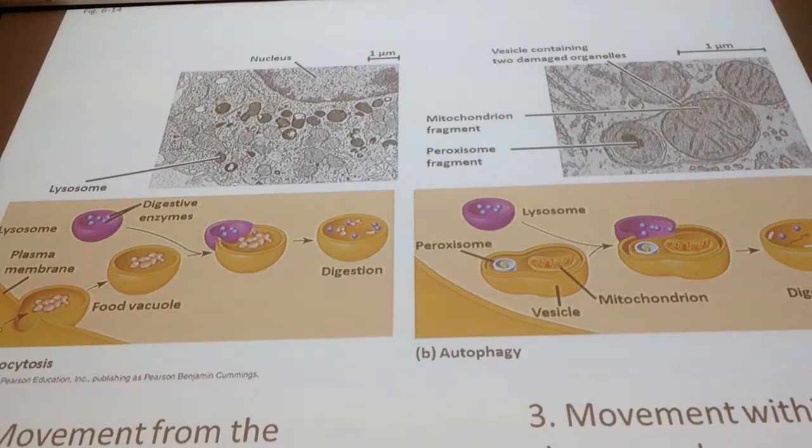The lysosome is also involved, and vesicular transport is also involved with autophagy. Okay, so if, let's say, the mitochondrion in this case has been around for too long, for a few months, for a year or so, then the cell wants to recycle it. It's breaking down, so we want to recycle it. So the lysosome basically eats up the bits and pieces of the mitochondria.